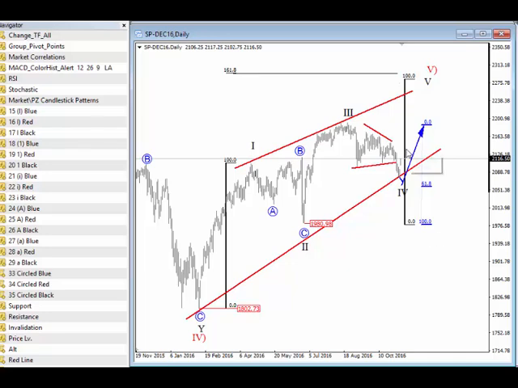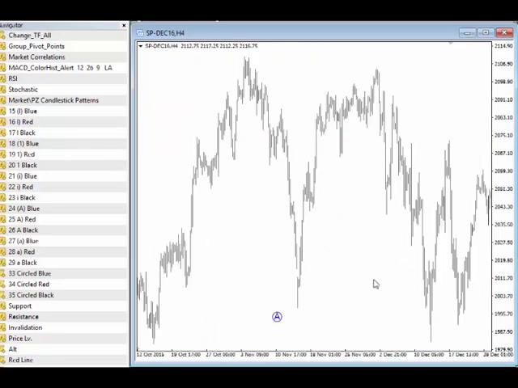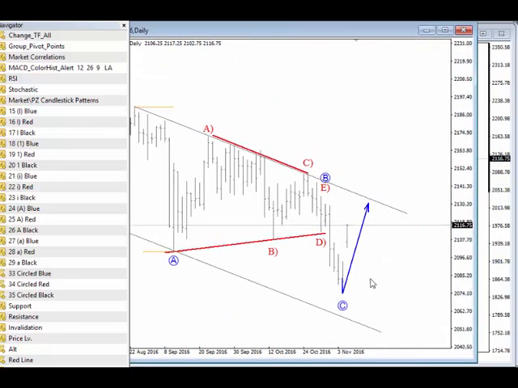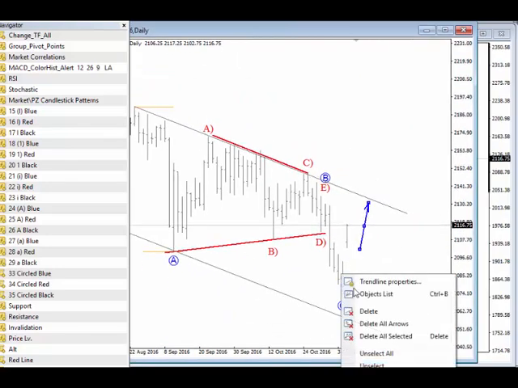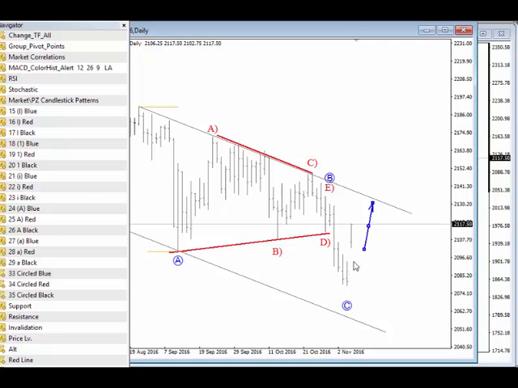Also, there's an open gap from... what was the price? Let me check if I have it here. Here is the open gap at the lows from 2080. So I don't believe that this gap will stay open and we will see a straight move to the upside.